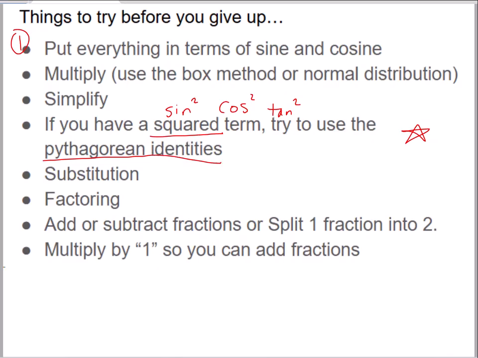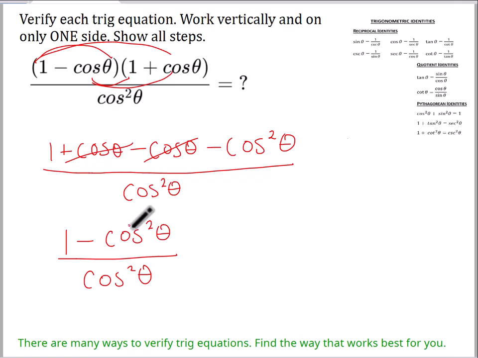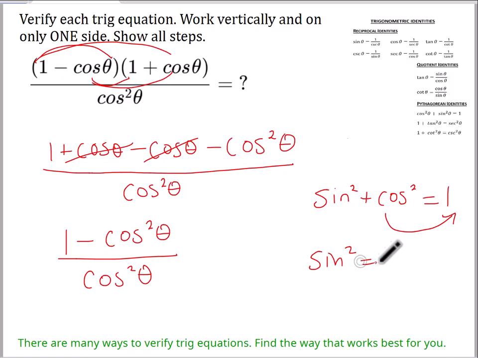And so going back to this problem, if I have sine squared plus cosine squared equals 1, do you see that if I move this to the other side, I have sine squared equals 1 minus cosine squared of theta. And so 1 minus cosine squared is equal to sine squared.